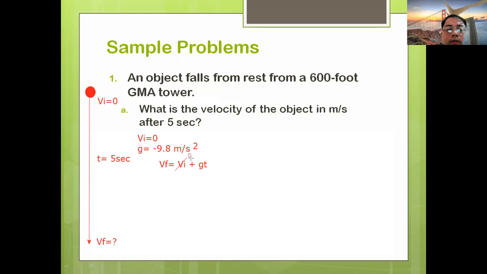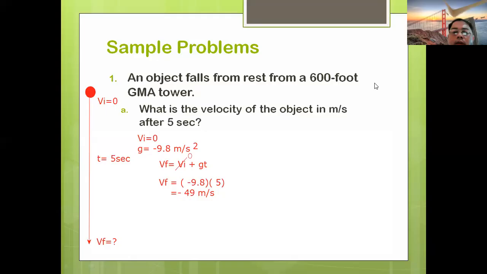So the GT value is the one that remains. So V sub F equals GT. Again, G being negative 9.8 will be multiplied by a time value of 5 seconds, and this will be our value for V sub F.